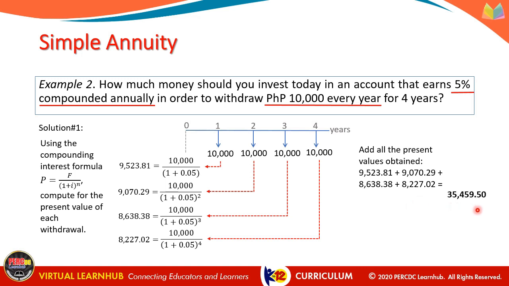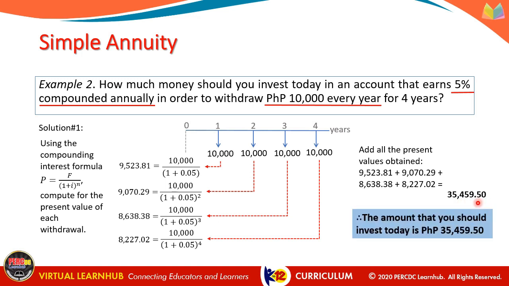And that is equal to 35,459.50. Therefore, the amount that you should invest today is 35,459.50 in order to have a 10,000 pesos withdrawal every year for 4 years. Okay?